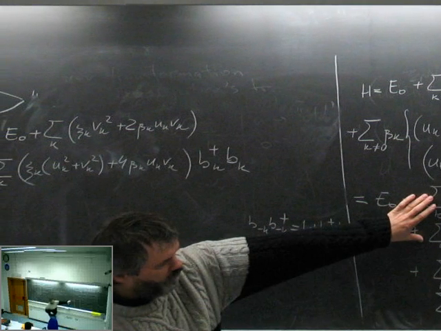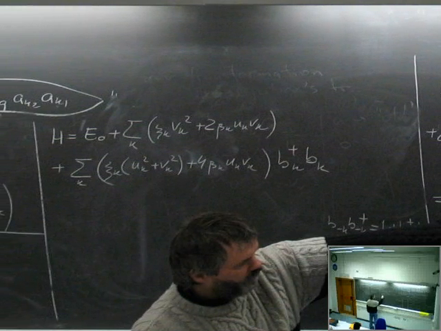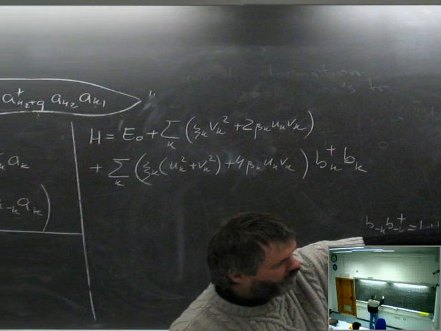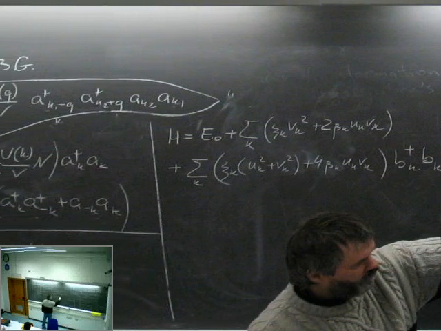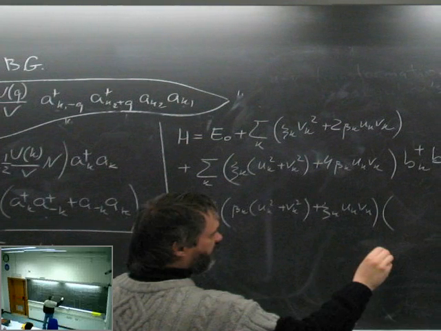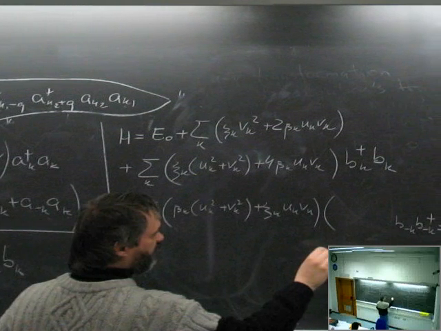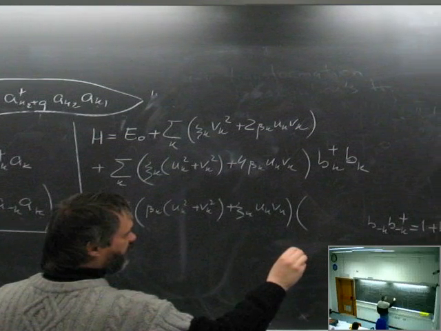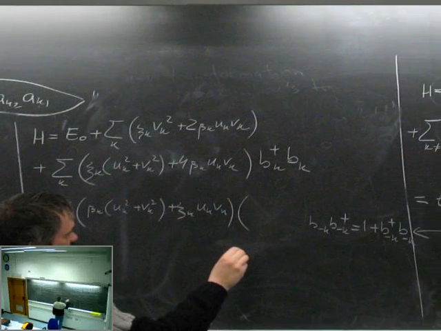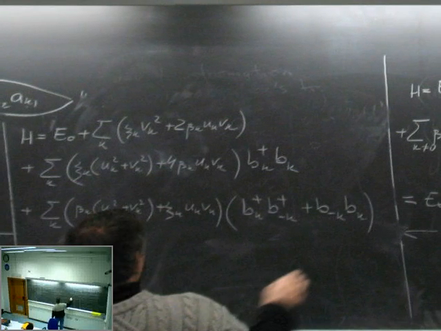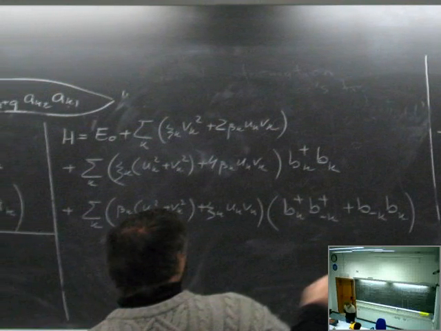This is a combination of these two terms plus sum over K beta K UK square plus VK square plus psi K UK VK times BK dagger B minus K dagger plus B minus K BK. Okay. Good.